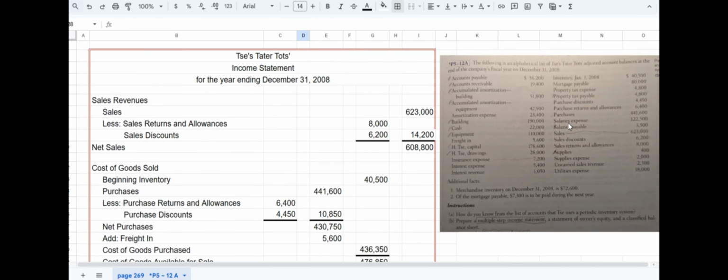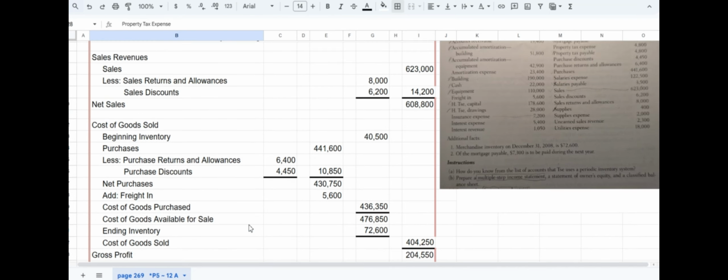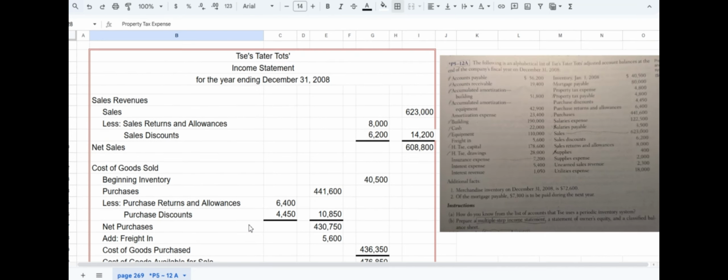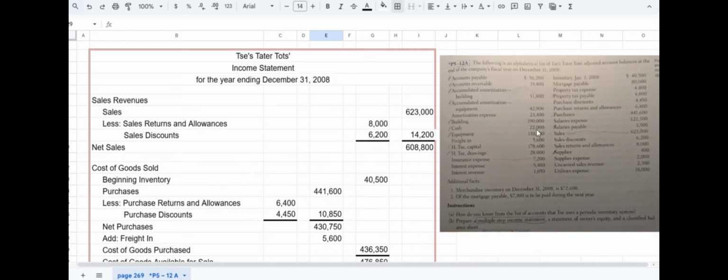And then we've got salaries expense, which is 122,500. Next, supplies expense, and then utilities expense.